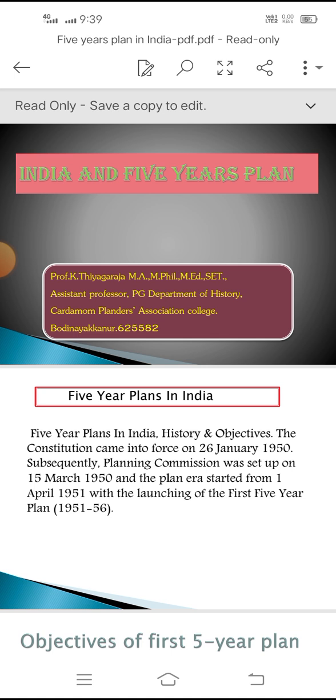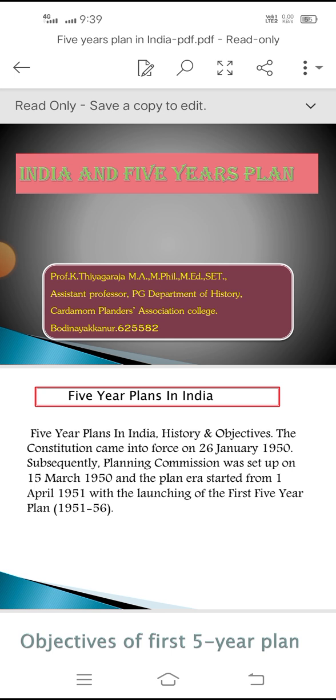After independence on 1947, August 15th, India was like a new child, because there was no scaffolding or pre-knowledge of earning economic sources individually, not supported by other things.